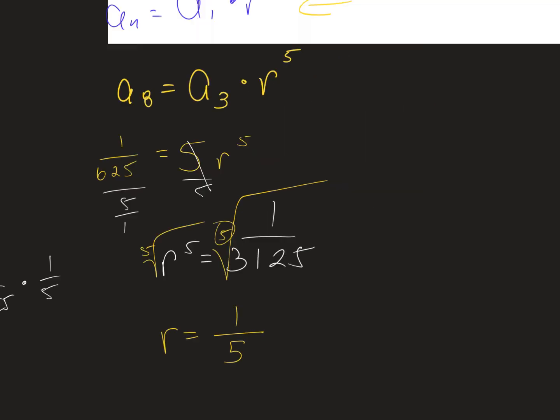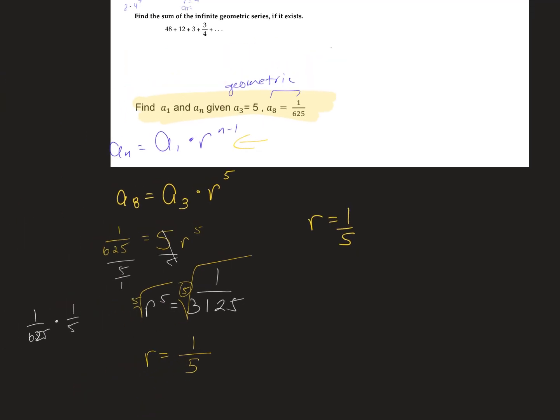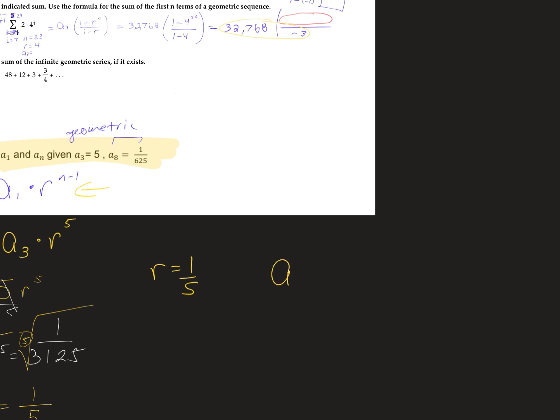So I know that r is 1/5. Okay, perfect. Now I have to figure out what the first term is. I can use that same exact process. It doesn't matter which number you use. I'm going to use the third term. I'm going to say a sub 3 equals a sub 1 times r to the spaces away. I know the third term is 5. I don't know what a sub 1 is.